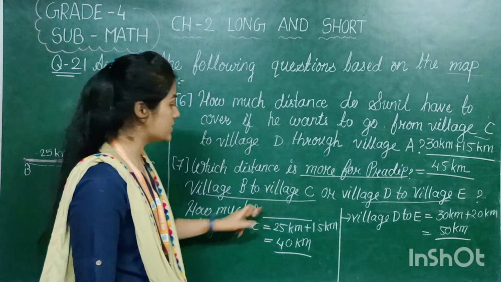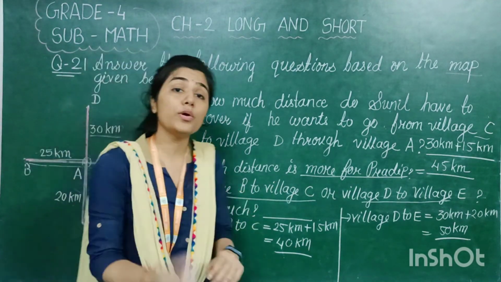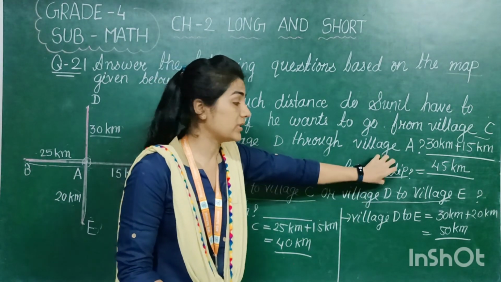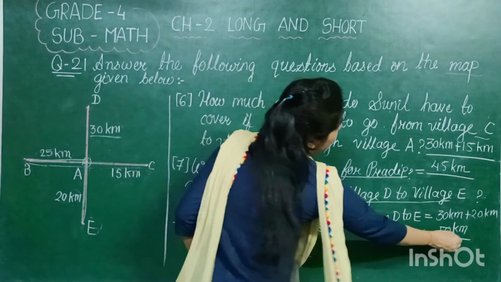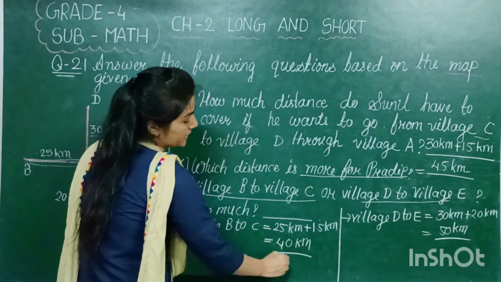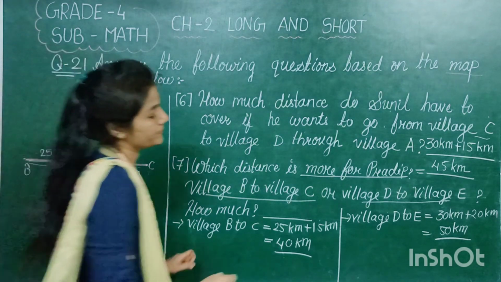And the last question asks how much more distance is for Pradeep. So for this we can do one thing: from 50 kilometers we can subtract 40 kilometers, and we will get our final answer.